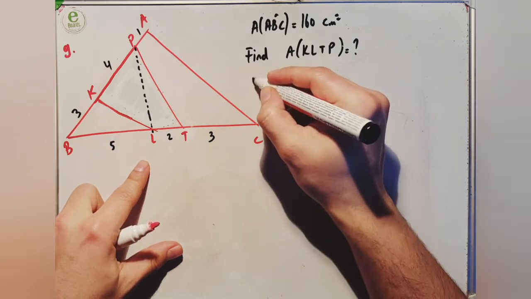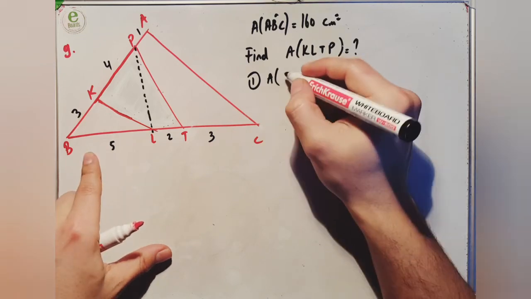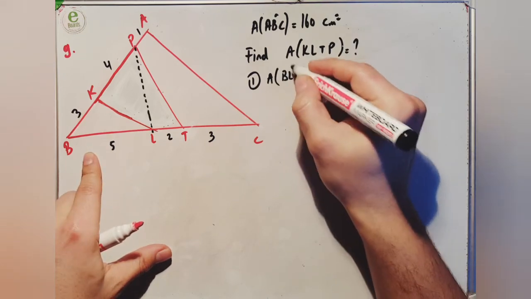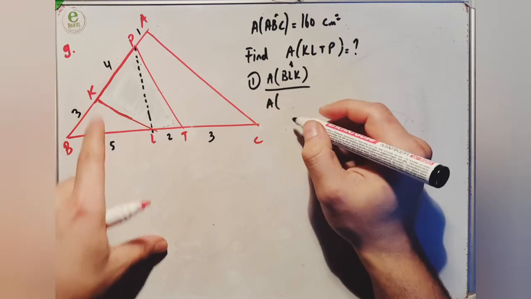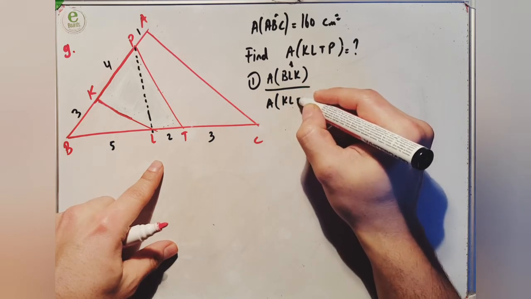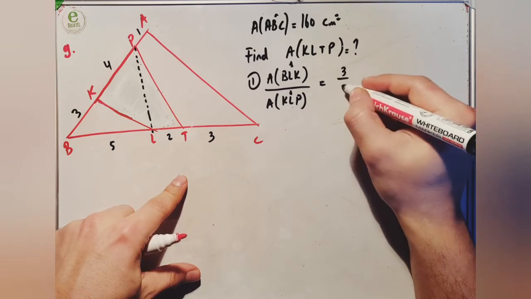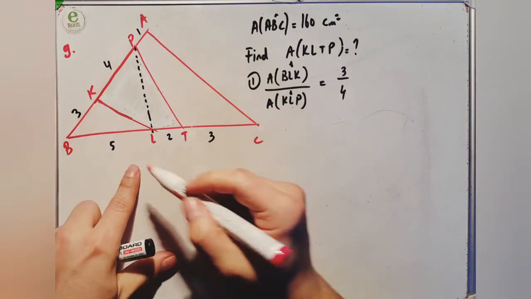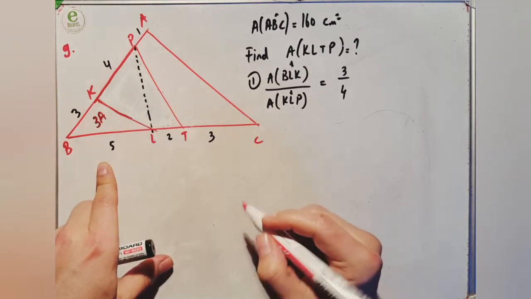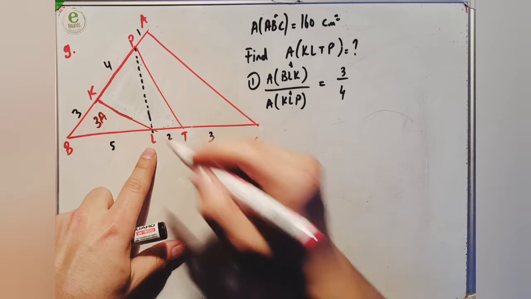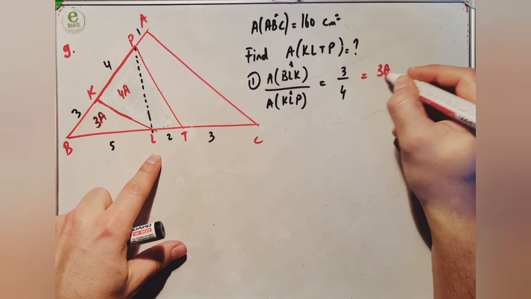So the area of BLK over the area of KLP is equal to 3 over 4. Let me say the triangle BLK is 3A, so the area of triangle KLP is going to be 4A.